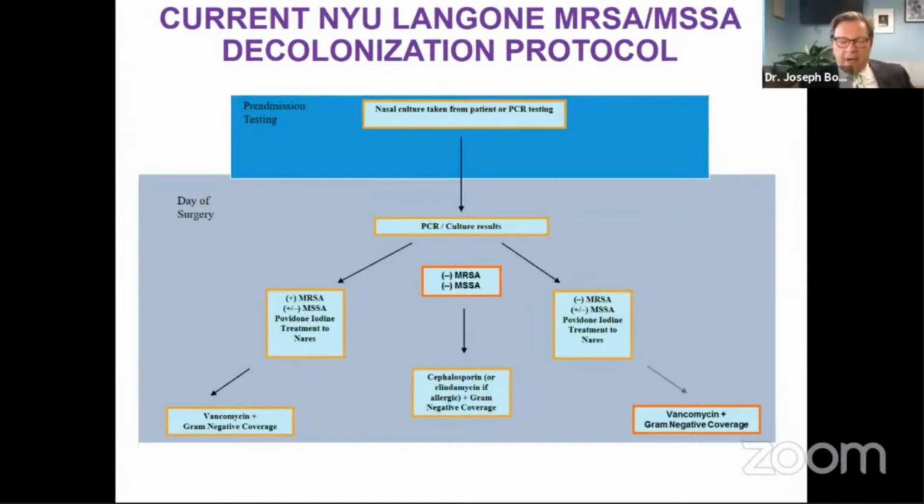But the patients that are positive for methicillin-resistant staph, or MRSA, also get vancomycin preoperatively in the holding area in the OR. And they also get gram negative coverage as well. So this is our protocol. We've been doing it for, as I said, over 10 years now.